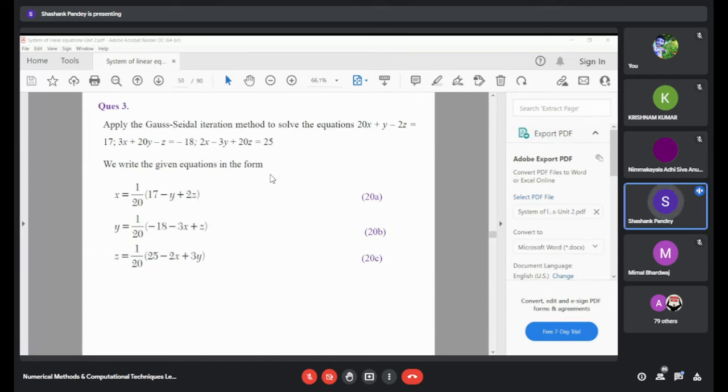Please carry out the second iteration now with the updated values. Okay, in the first iteration you are getting these values. Next, you perform the next iteration.